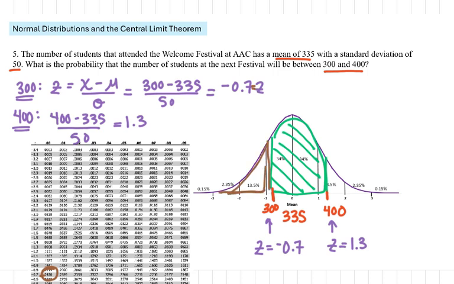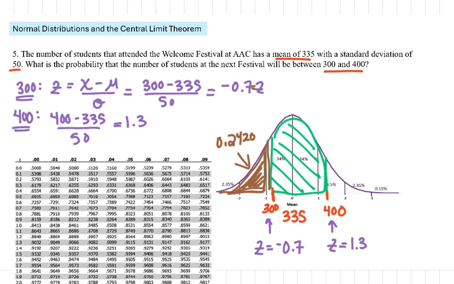So we're knowing that this area is 0.2420. And we will do the same thing with z of 1.3. Sorry, it's not there, it's here, 1.30. So that's 0.9032.